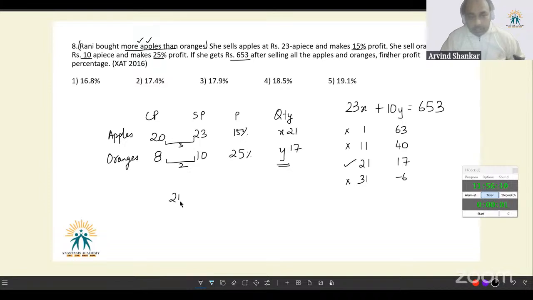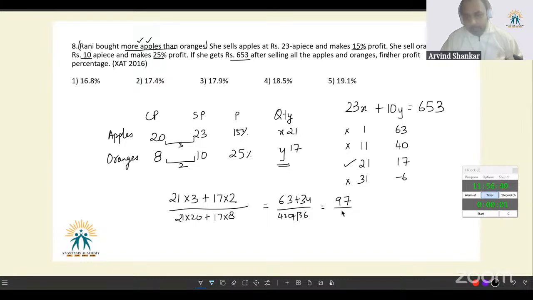The profit earned is 21 into 3 plus 17 into 2. And the cost incurred is 21 into 20 plus 17 into 8. And this we need in percentage terms. 21 into 3 is 63 plus 34 by 420 plus 136. So we get 97 by 556.